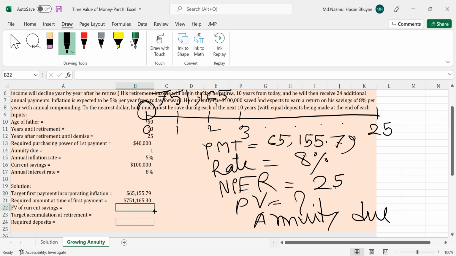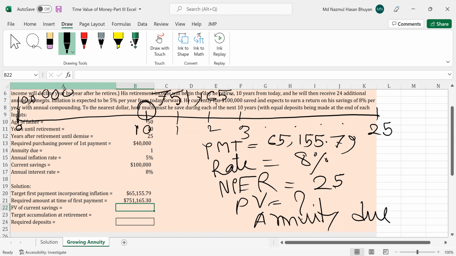We also, your father also has $100,000 savings right now, and by right now we mean here, and remember this 0 is the beginning of his retirement period. So he is going to retire 10 years from now, right? And today, right now, your father has $100,000 savings.